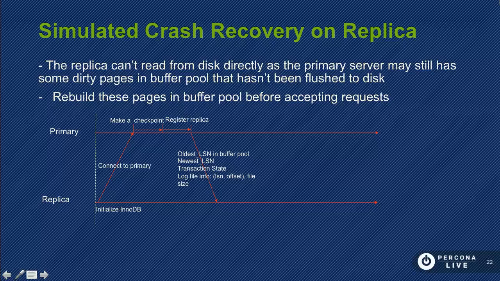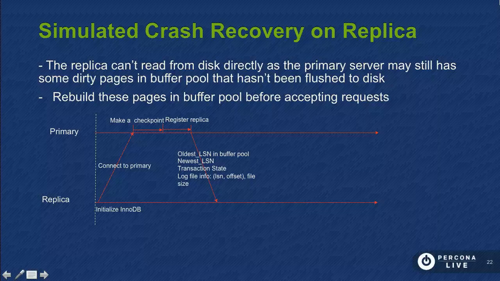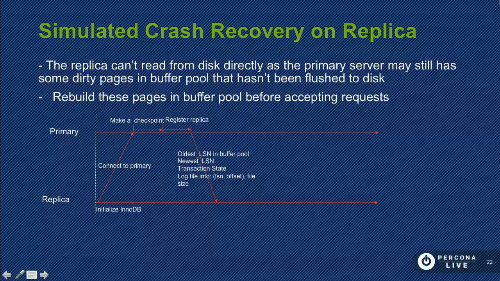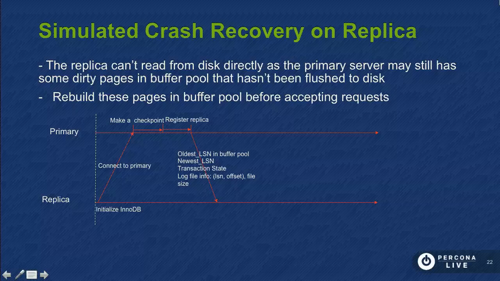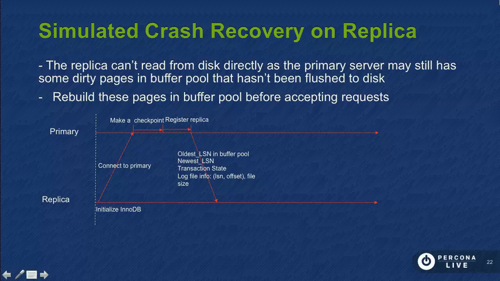It also includes a snapshot of the global transaction state, the newest modification LSN, and the log file information, which includes the log file size and its file offset. So with this information, we can calculate the file offset from a given LSN.